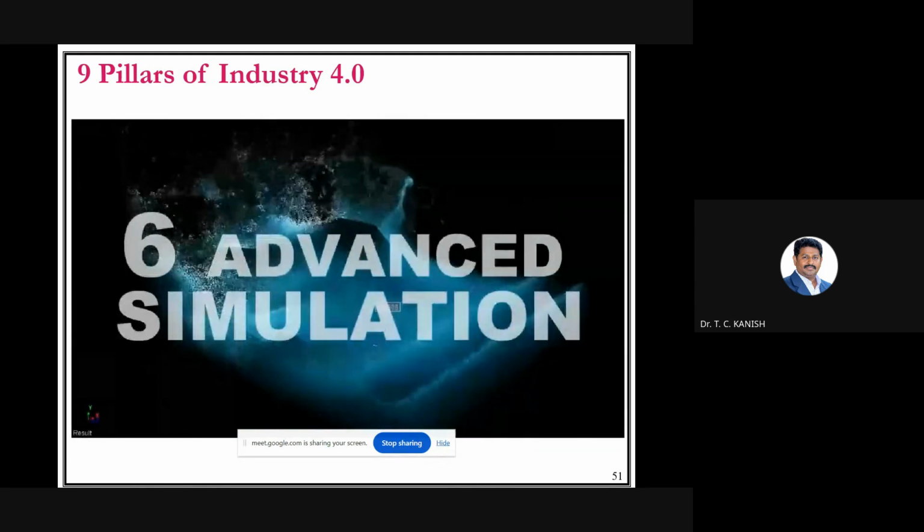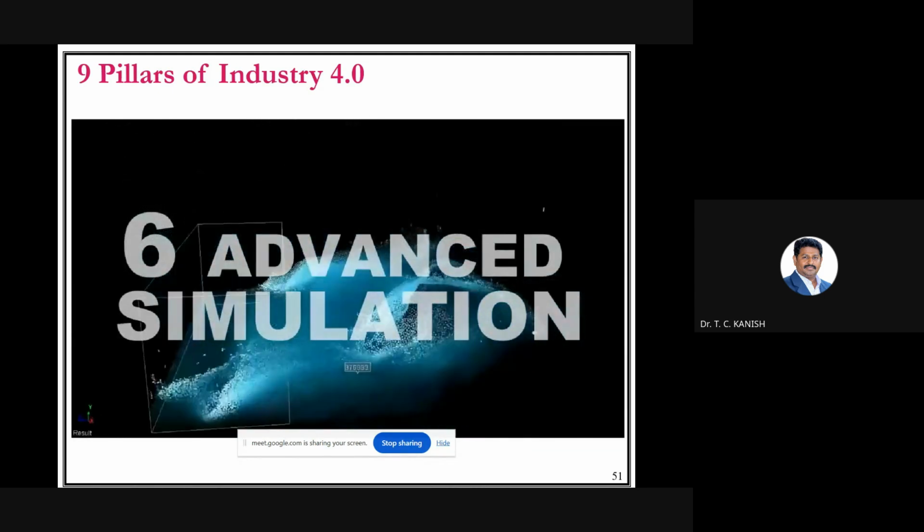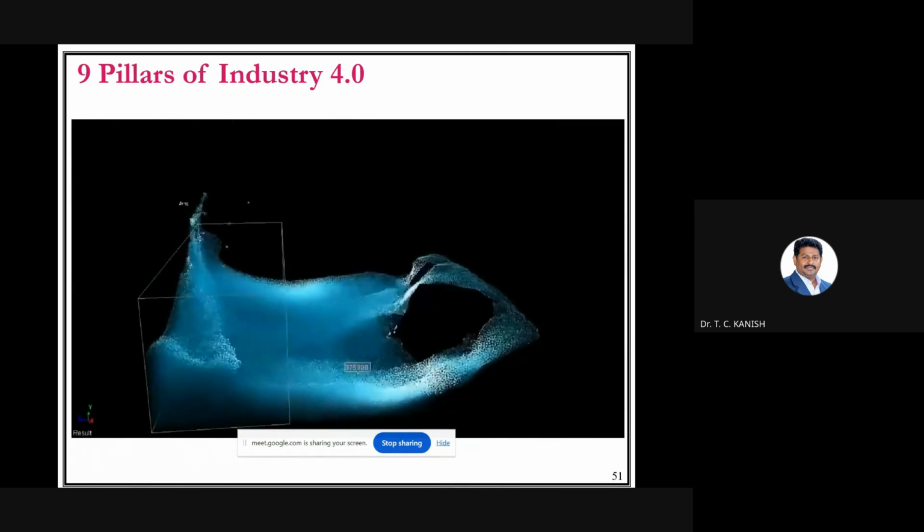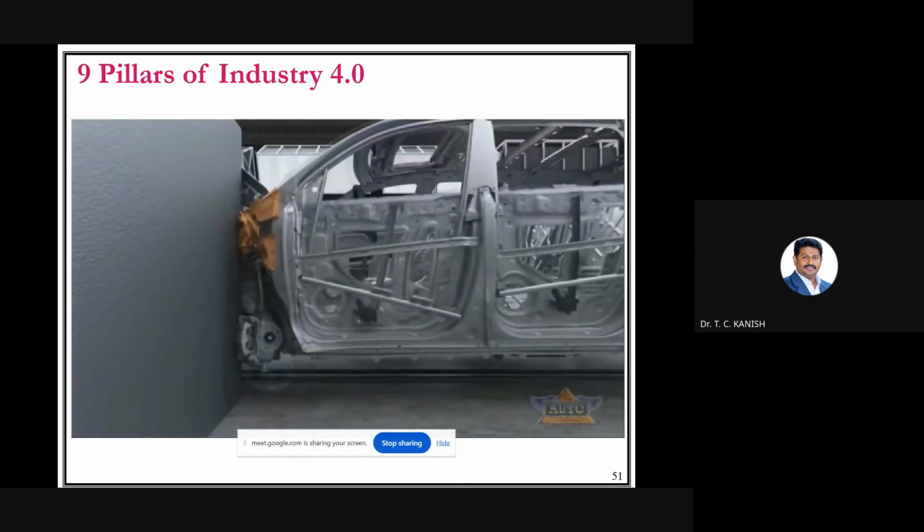Advanced simulation. Previously we used to make a separate car for doing a crash test.